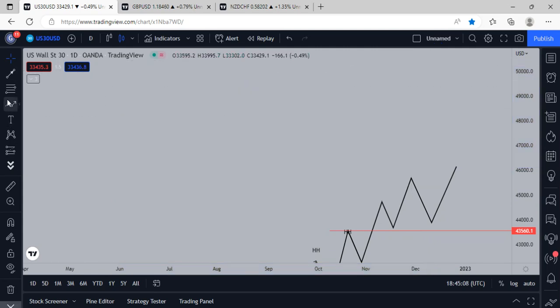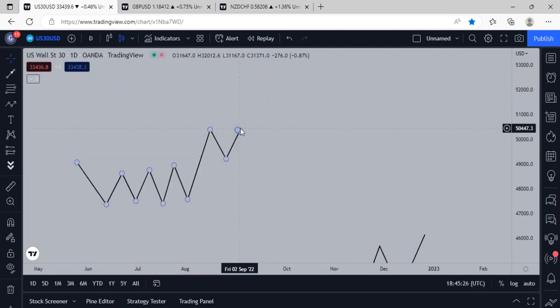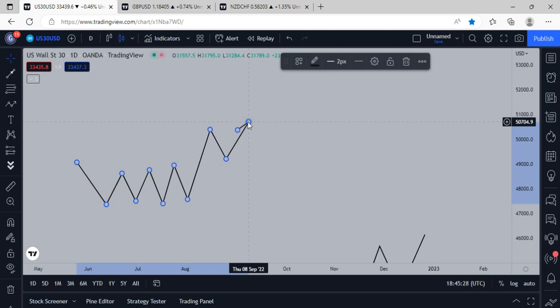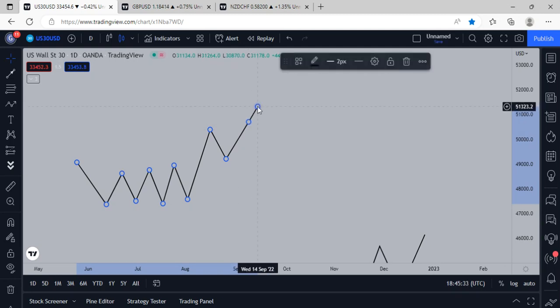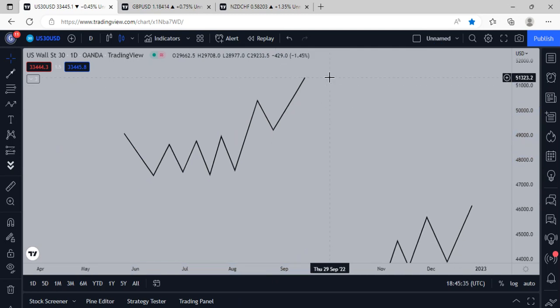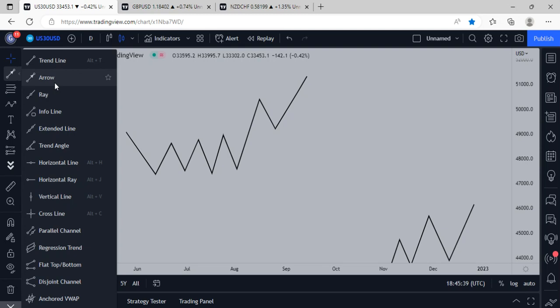So price sells, consolidates, buys, sells, buys, sells, buys, sells, and then starts going up. That's what we call a support.